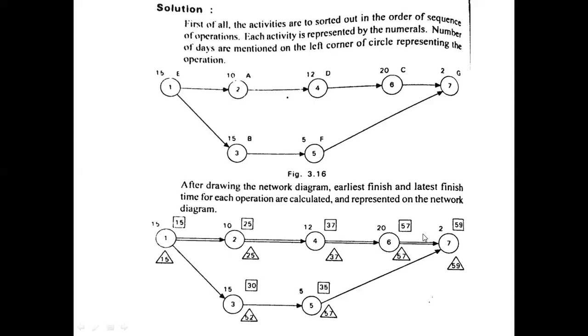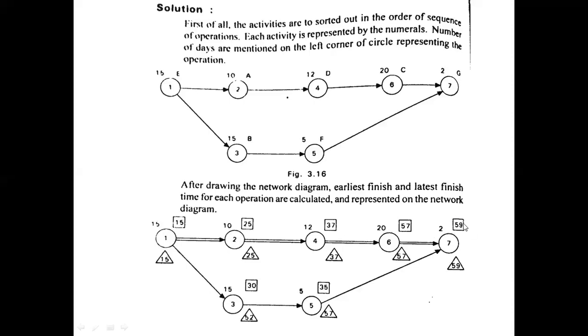From the two paths we are going to get 59 and 37. In order to calculate the earliest finish time, we have to take the greatest value of the earliest times of the previous activities. So among 59 and 37, which one is greatest? 59. So we consider 59 as the earliest finish time of this last activity.